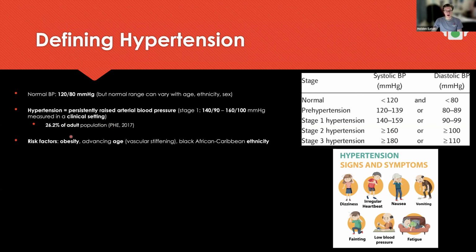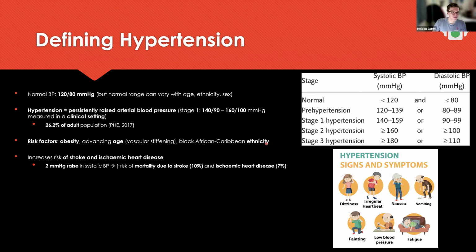Some of the risk factors are these written here. There are other risk factors, but these are most important and ones you might think about when stratifying someone's risk of developing hypertension. And why do we care about hypertension? It's because it is a massive risk factor for both stroke and ischemic heart disease. And that's largely because increased pressure within your vascular system leads to increased shear stress on the walls of the vessels.